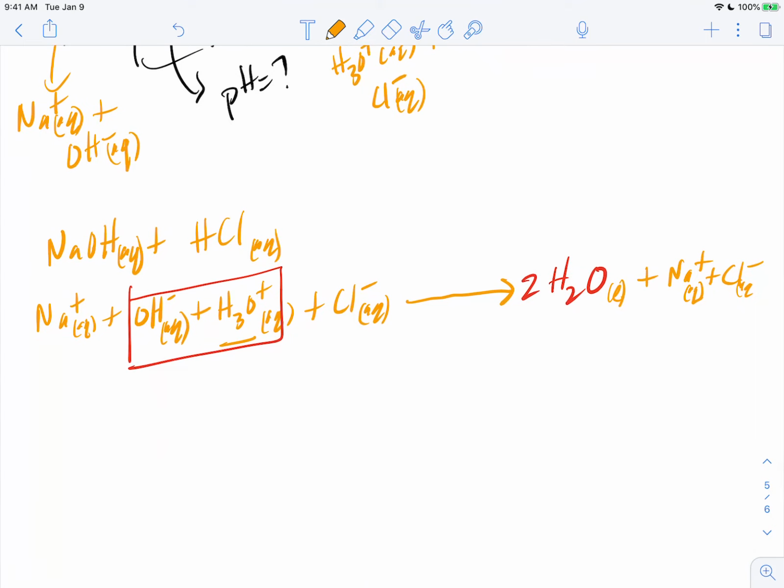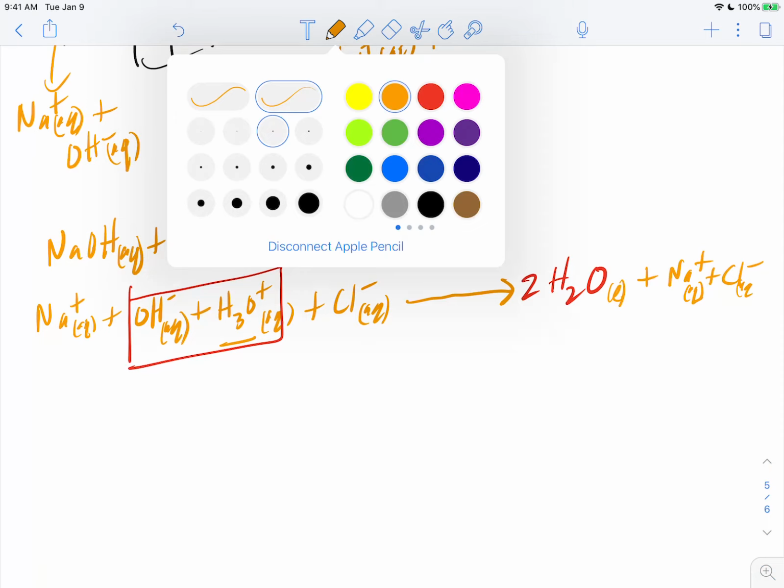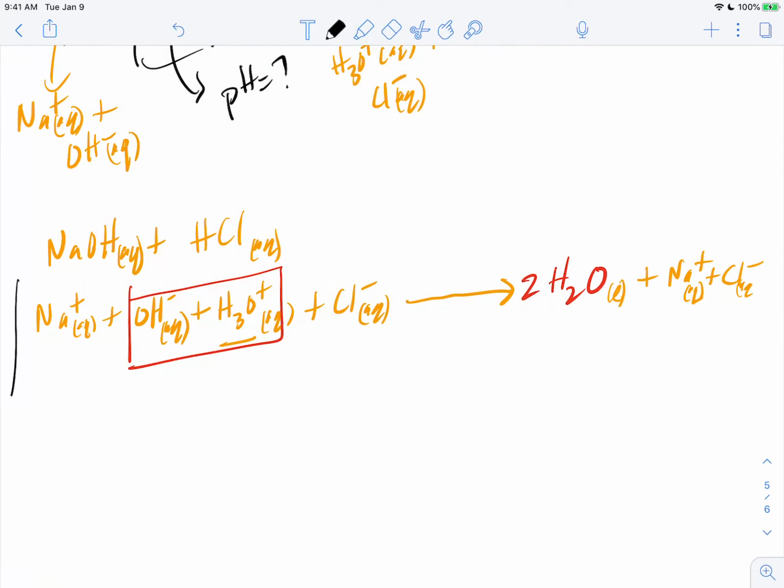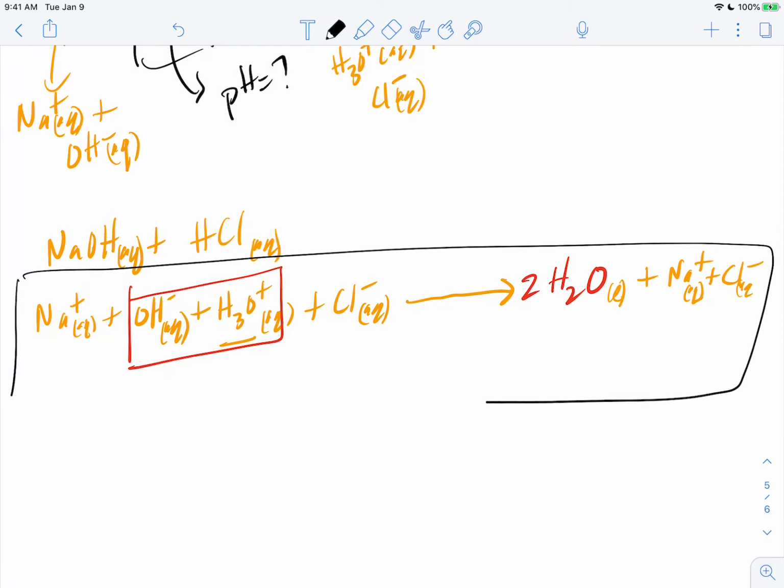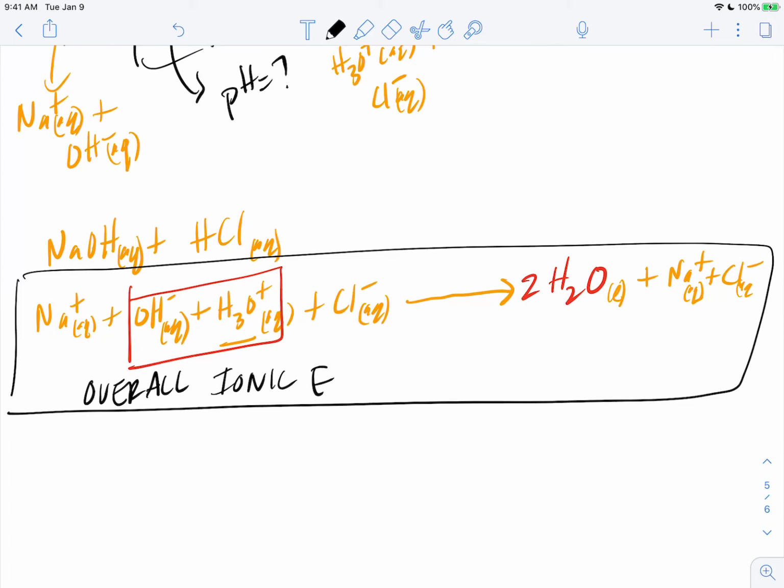And so, again, this is our overall equation. We'll box this. This is our overall ionic equation.